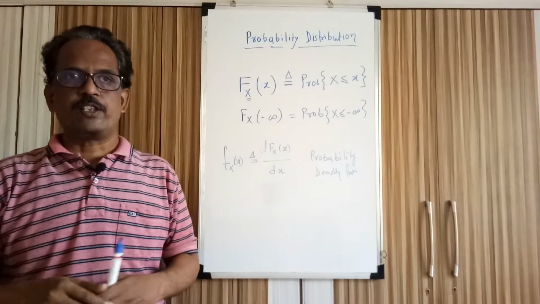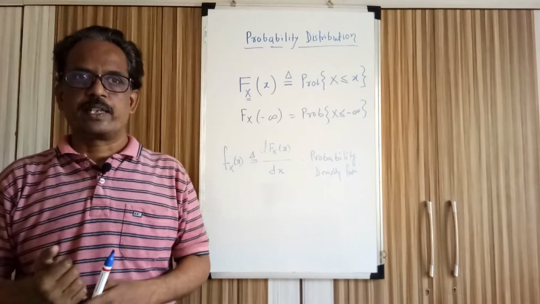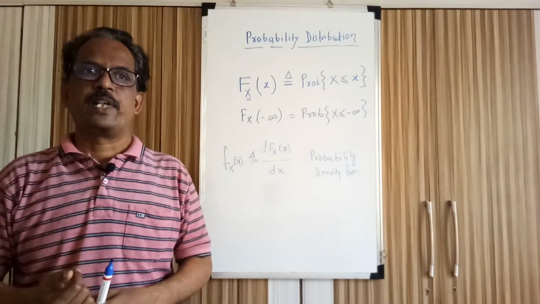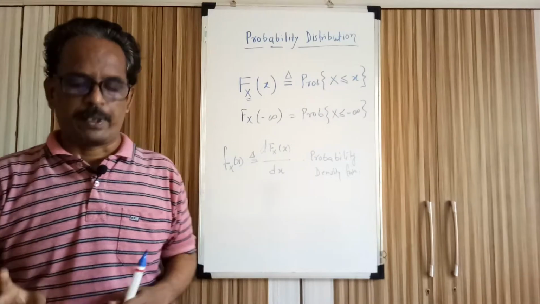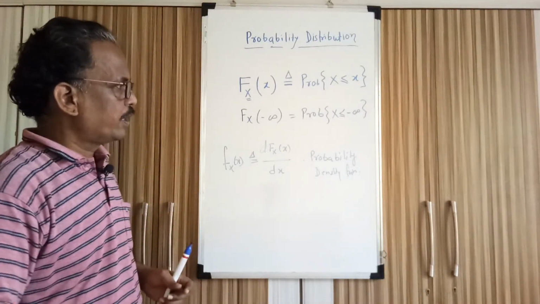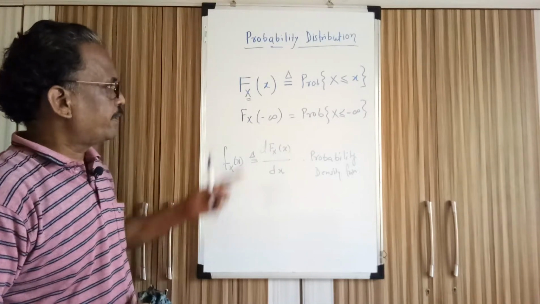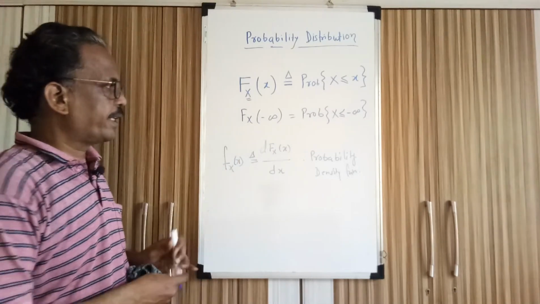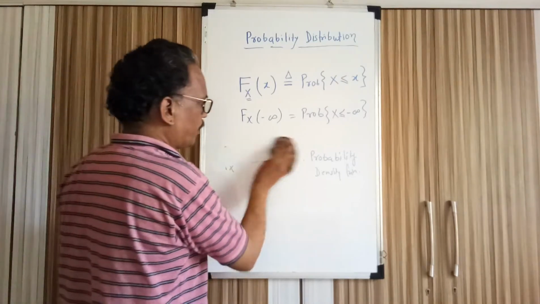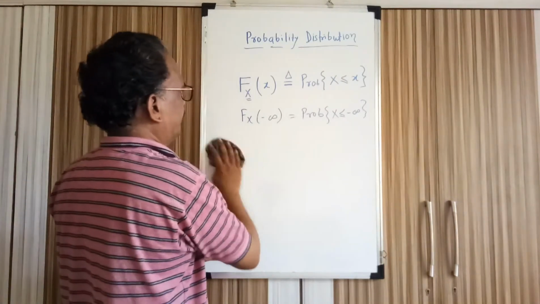For a continuous random variable, you are having a different kind of distribution function graph. Their differentiation will lead to a different kind of shape. So from the density function we will get the individual probability, and from the distribution function we get the cumulative addition of all probabilities up to that particular event.